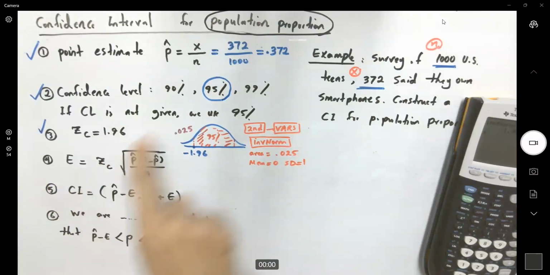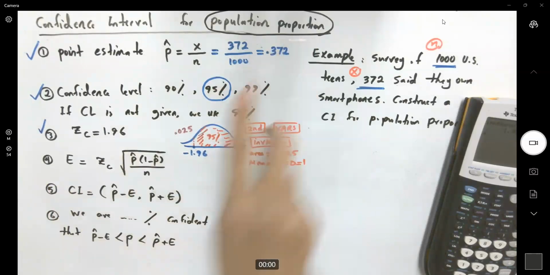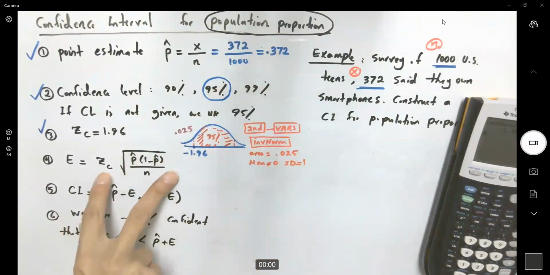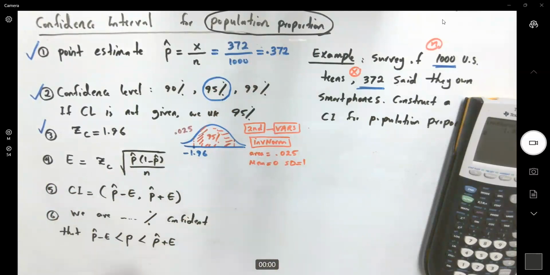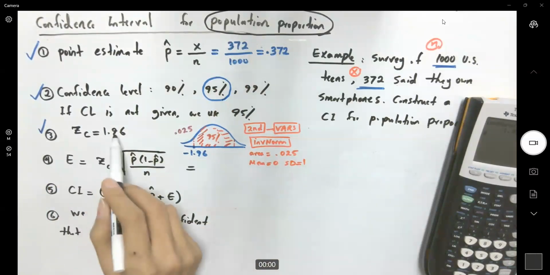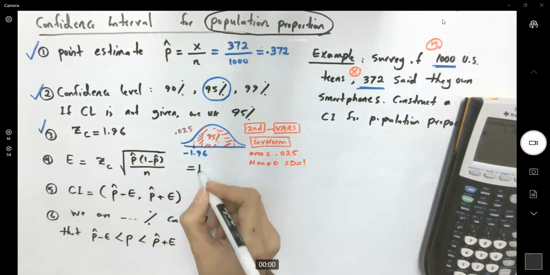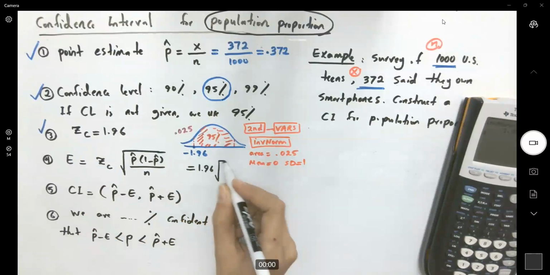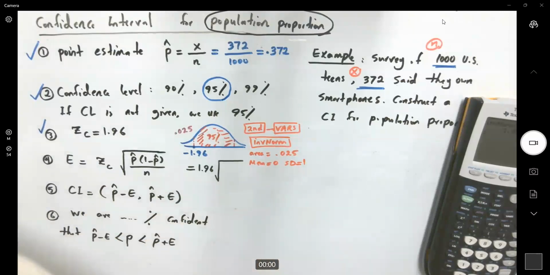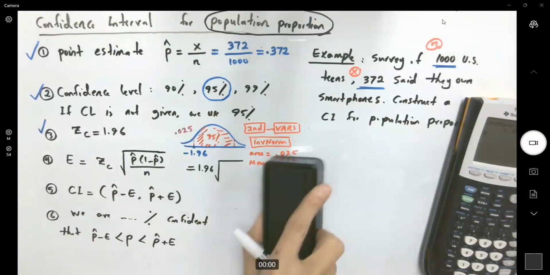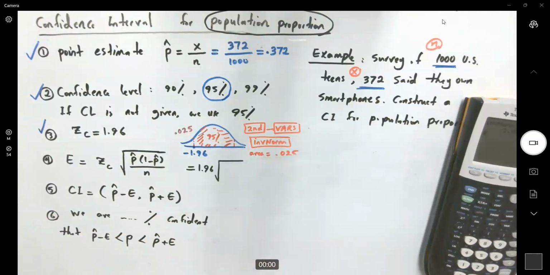Margin of error for population proportion has a formula. This formula is ZC, the critical value 1.96, multiplied by the square root of P hat times 1 minus P hat, divided by n.